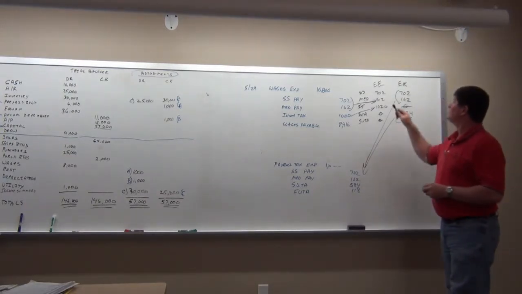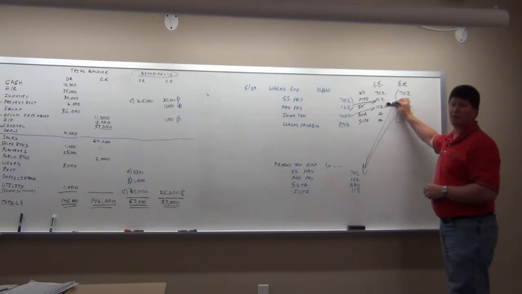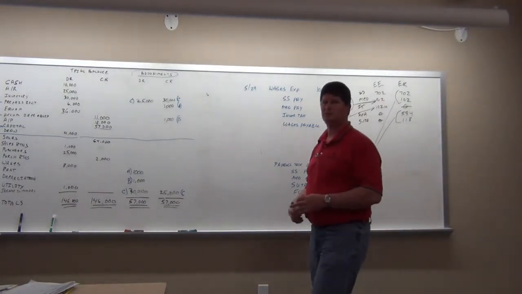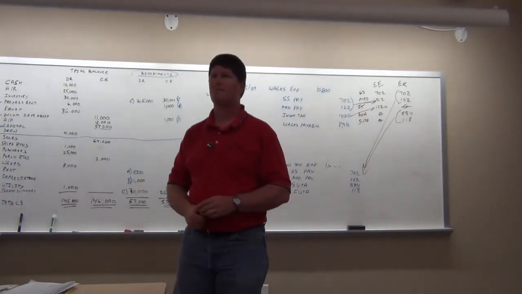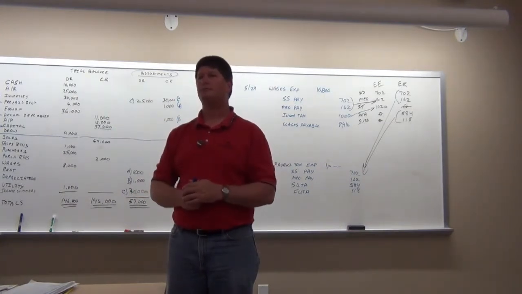So the employer matches the Social Security and the Medicare, does not match the income tax, but pays all of the federal unemployment and the state unemployment tax. And we know all that from the payroll register.